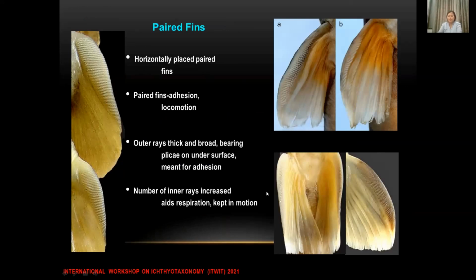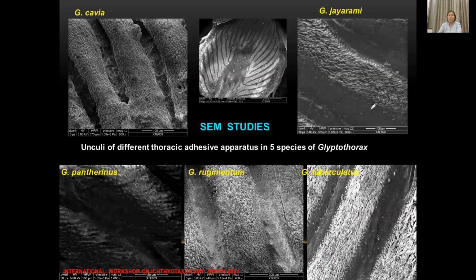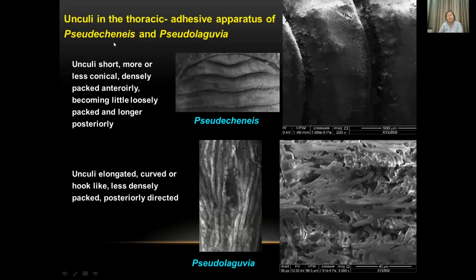Then this is the SEM study of different unculi present in the thoracic adhesive apparatus of five species of Glyptothorax. We can see how they differ under the SEM micrographs. This is in Pseudecheneis, and the unculi in Pseudolaguvia, we can see here, are very long, curved and hook-like.